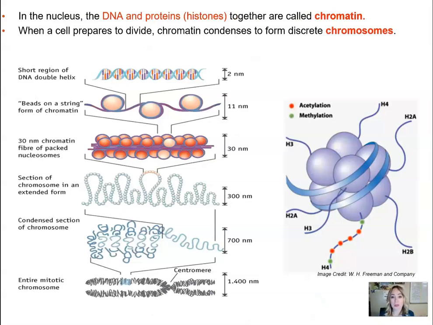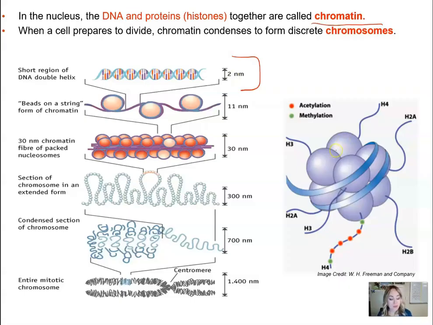So now a little bit about the organization of the DNA inside the nucleus. So when the cell is not dividing, the DNA is going to present itself in the form of chromatin. So basically what this is, you have a DNA which is 2 nanometers thick, that's going to wrap around histones.